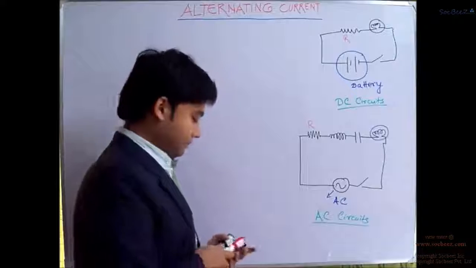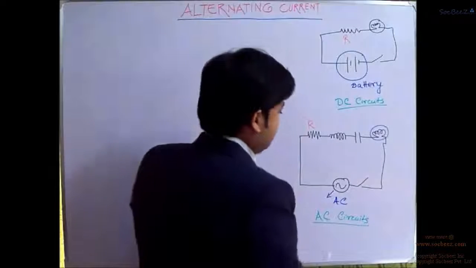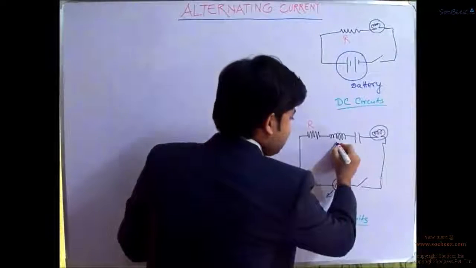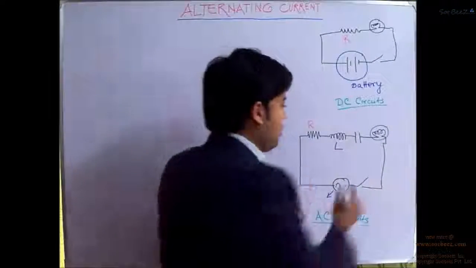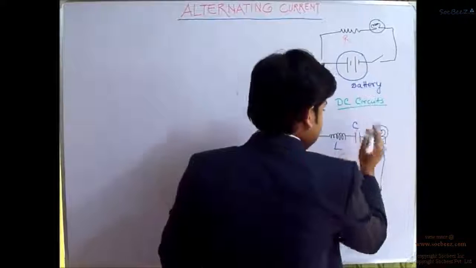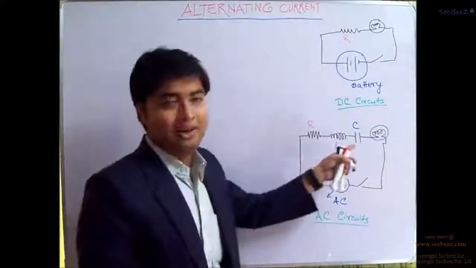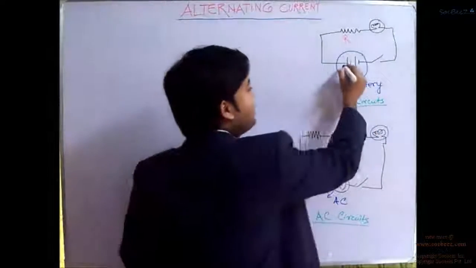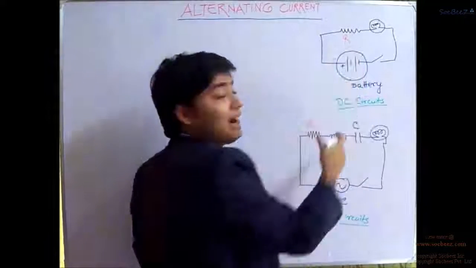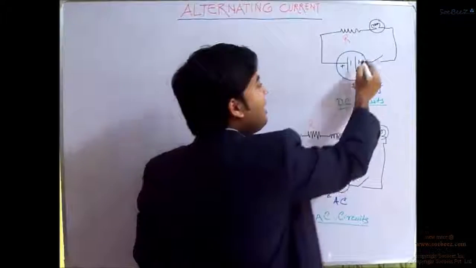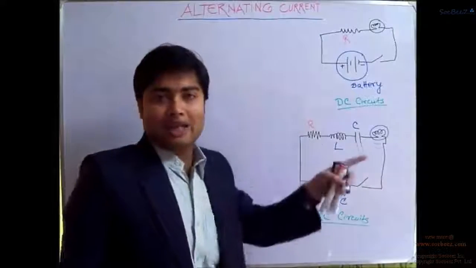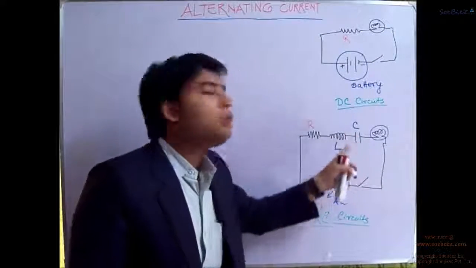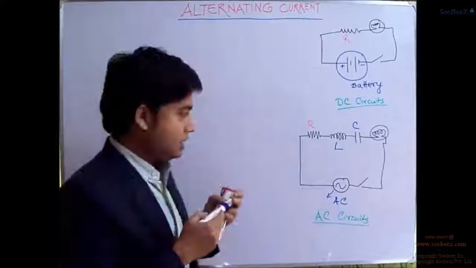What are they? We call this one L and this one C. Mind that this is not a battery, because a battery's positive sign looks like a longer stick and the smaller stick is the negative side of the battery. But this has two equal sticks, right?